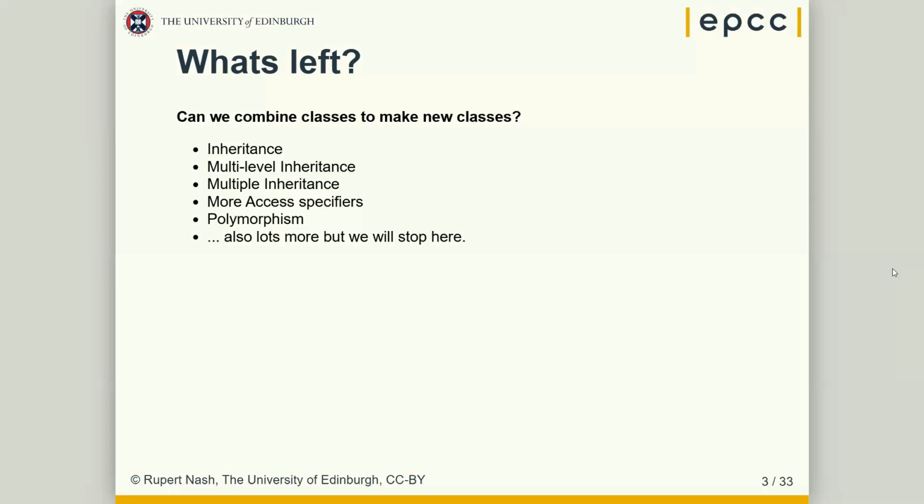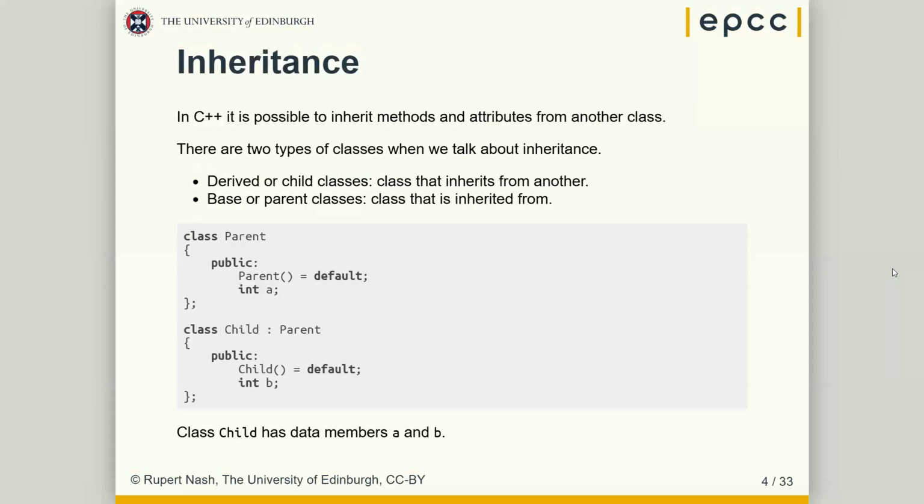It's the simplest case. We have multi-level inheritance, so we have more than one layer of inheritance. Multiple inheritance, which is a class taking information from two other classes. We need to then think very carefully about access specifiers. And then we will discuss a bit about polymorphism and the ability to swap functionality out in different ways.